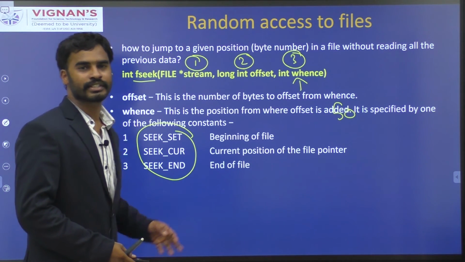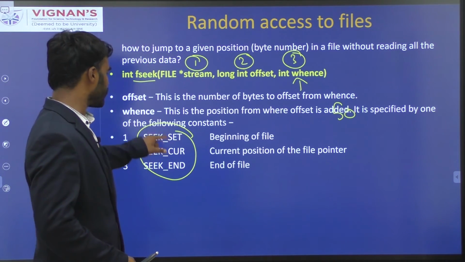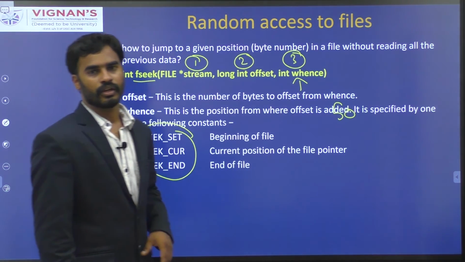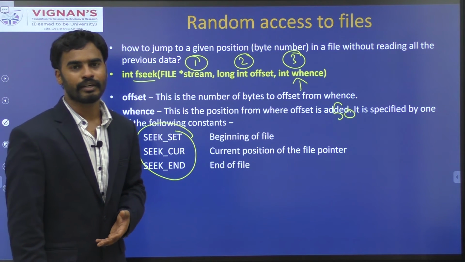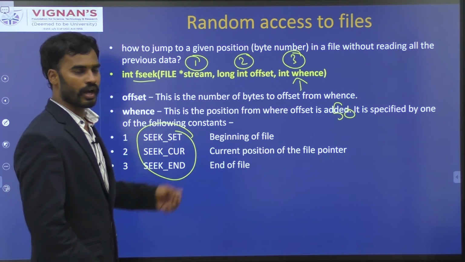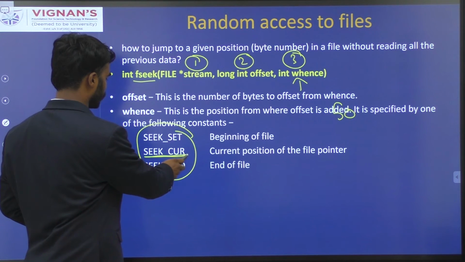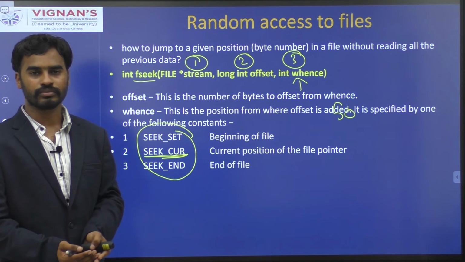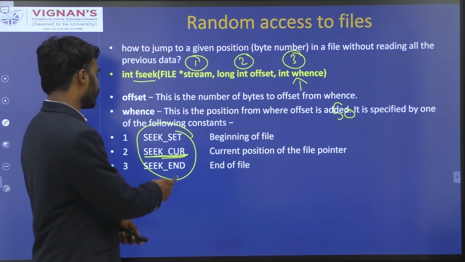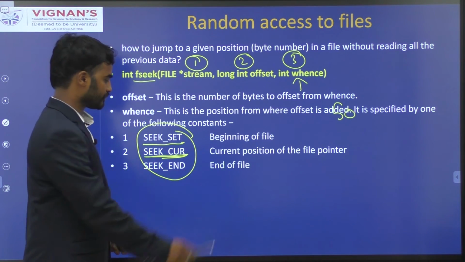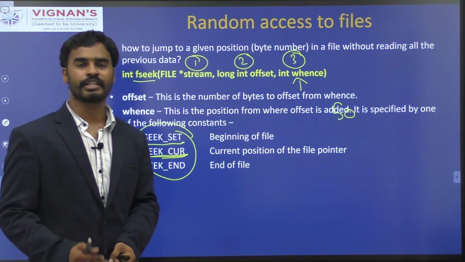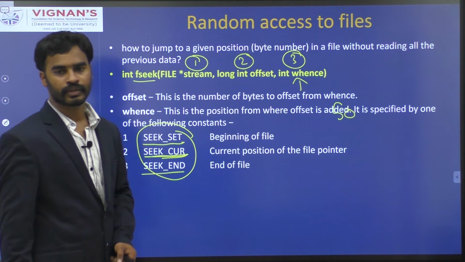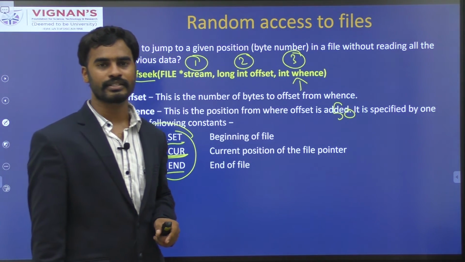To indicate the current position, use SEEK_CUR. If you want to jump from the beginning, give SEEK_SET. If you want to jump from the end of the file, use SEEK_END.